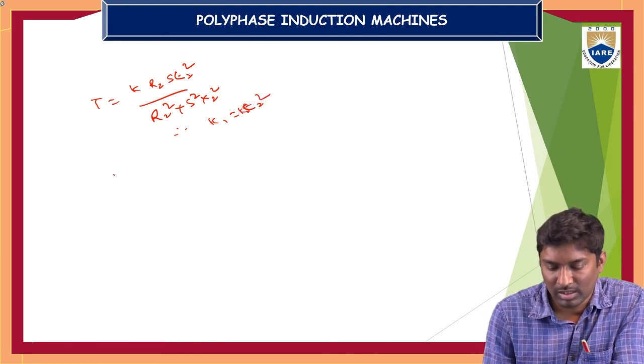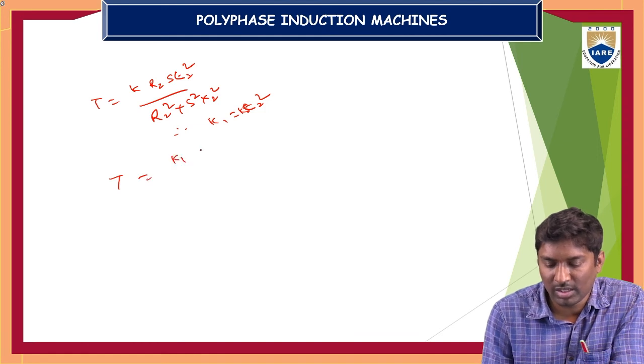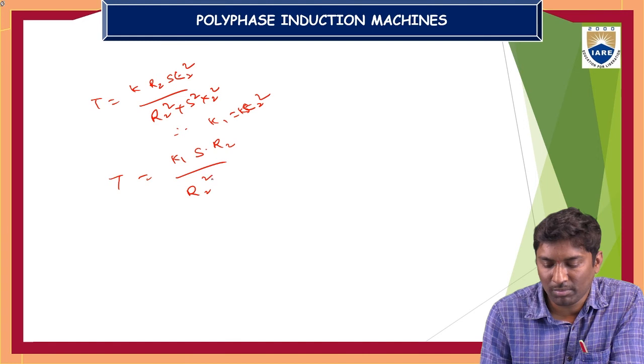Then torque is equal to K1 into S into R2 divided by R2 square plus S square into X2 square.